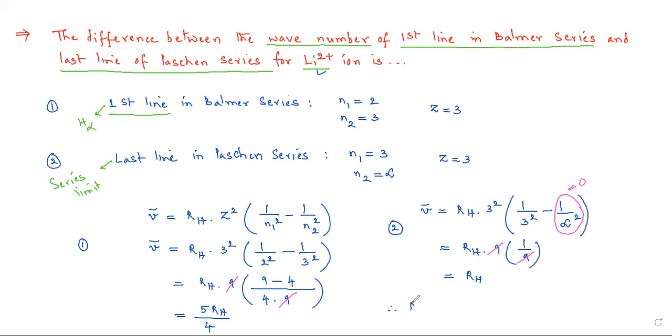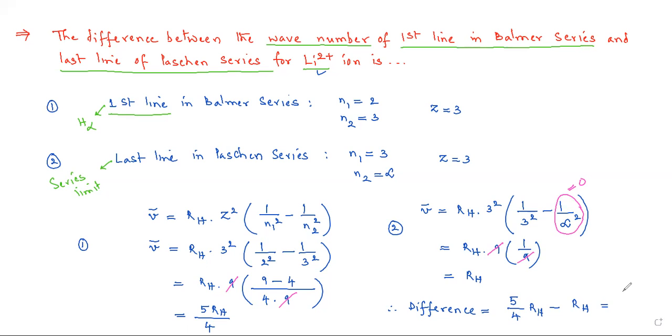Now they are asking the difference, right? So difference can be given as 5 by 4 RH minus RH. Yes, it will be 5 RH minus 4 RH by 4.